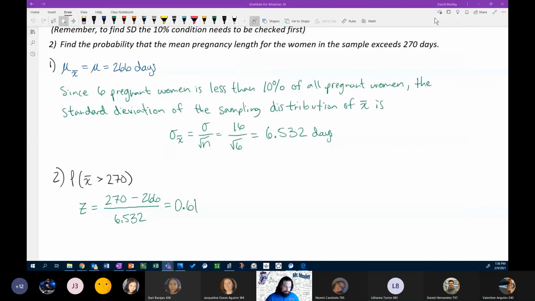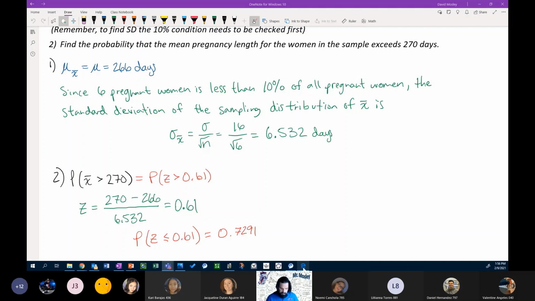Now remember, that 0.7291 goes along with the probability that z is less than or equal to 0.61. That's not what I'm looking for, right? I'm looking for the probability that z is greater than 0.61.